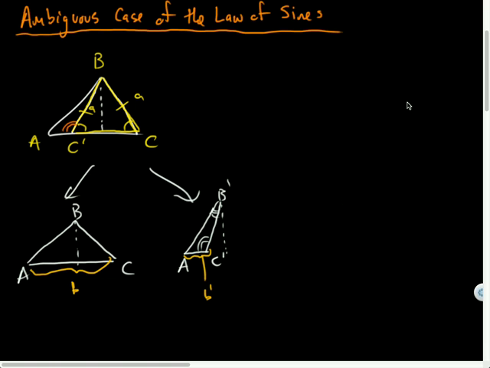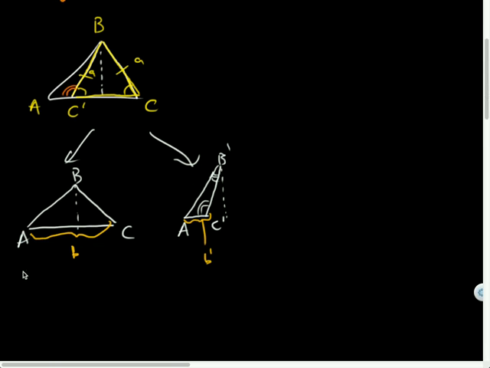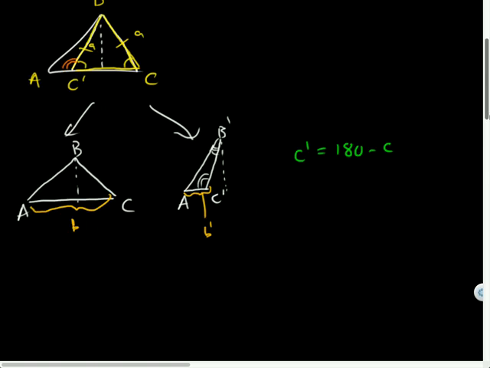But anyways, so this is the general case. So let's actually do an example of this. Actually, let me write down. So in this case, C prime is equal to 180 minus the original angle C, which is your additional fact there. So that's true for these labels, but won't be true for all cases.